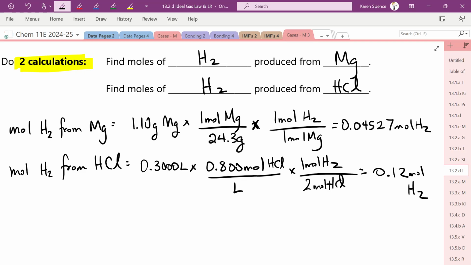What do you do once you have those 2 numbers? You figure out which reactant is excess and which is limiting.